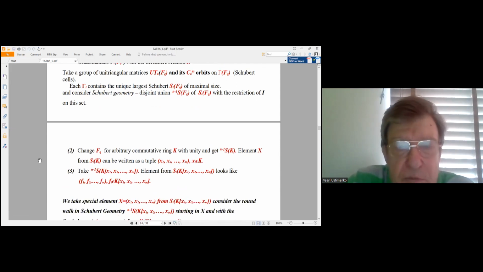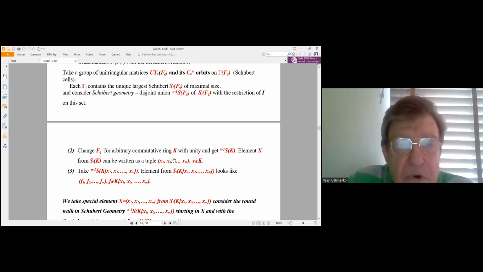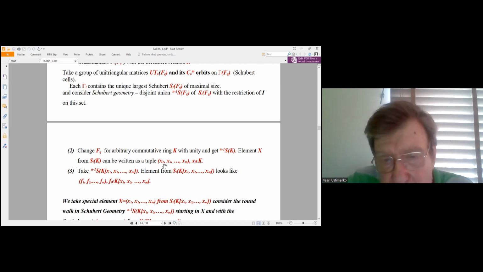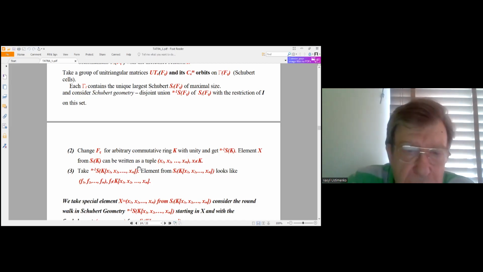And in this geometry, we do the following trick. Actually, projective geometry can be defined over a ring. So we can change the finite field for a commutative ring F_q[x1, x2, ..., xn], and use a general element from the largest Schubert cell x1, x2, ..., xm. Consider this Schubert geometry as K[x1, ..., xn]. And after that consider a round walk starting from x1, x2, ..., xn, via some round walk.